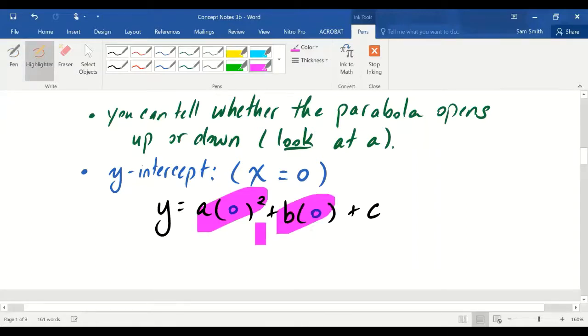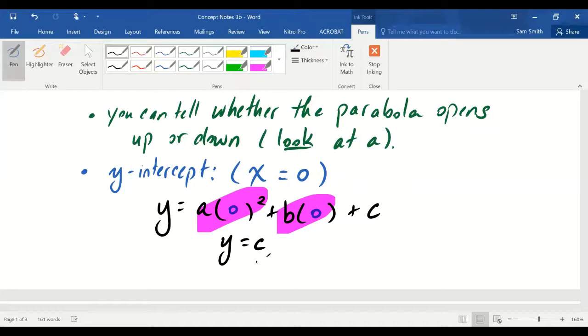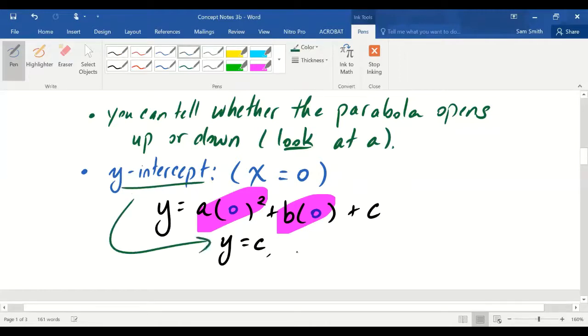Gone, gone. And all that's left is this lone number c here on the side. So the second graphical feature that you can detect right away from standard form is the value of the y-intercept. All you have to do is look at c. The c value is exactly where the y-intercept is located.